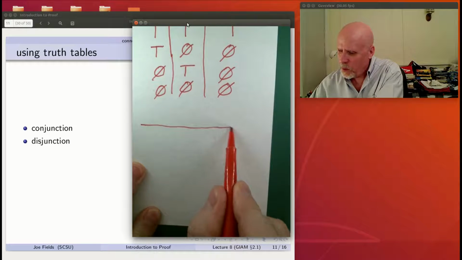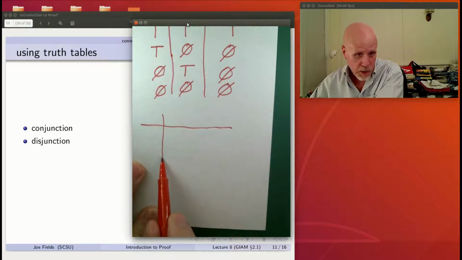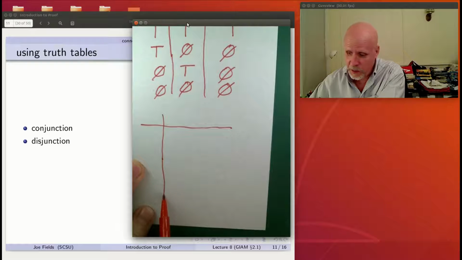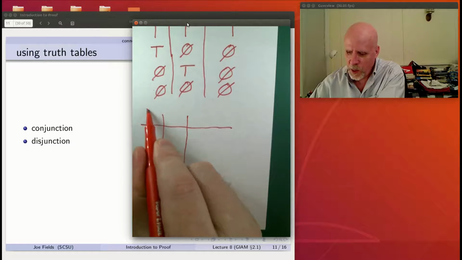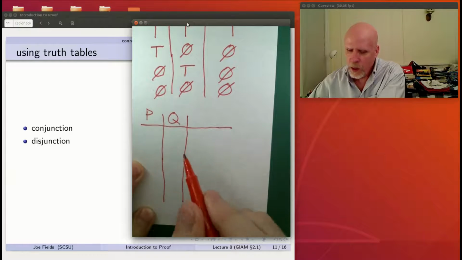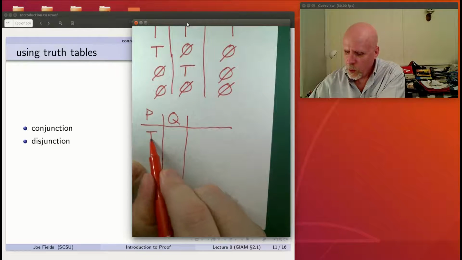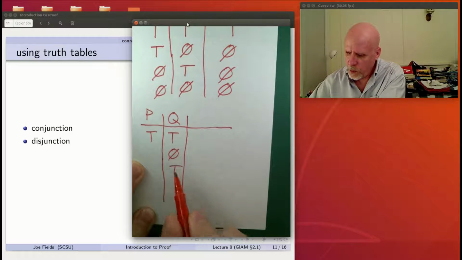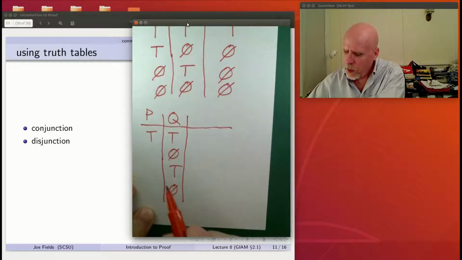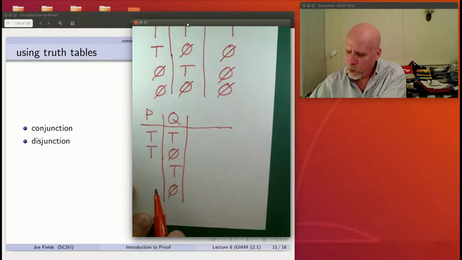I know this may seem boring, but I want to actually construct the truth table again because repetition helps you remember things. So we have P and Q. Remember, you begin with the double T's up top and alternate Q, true, false, and then batches of two trues and then two falses.